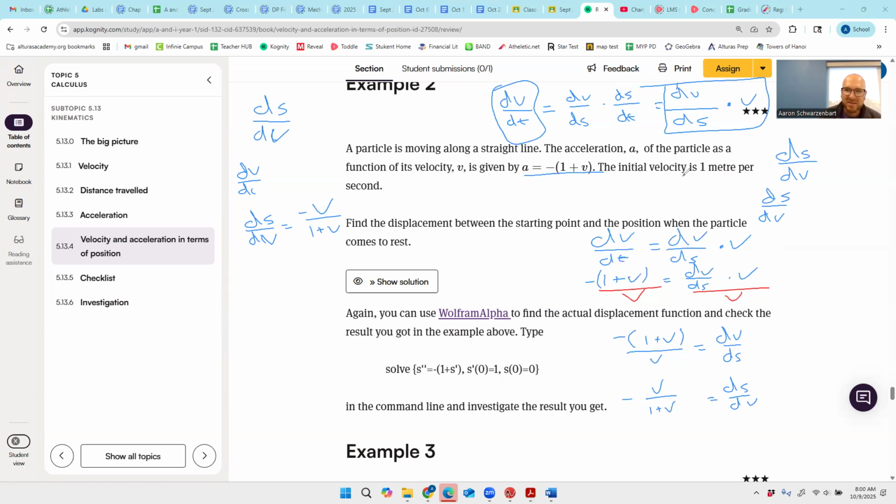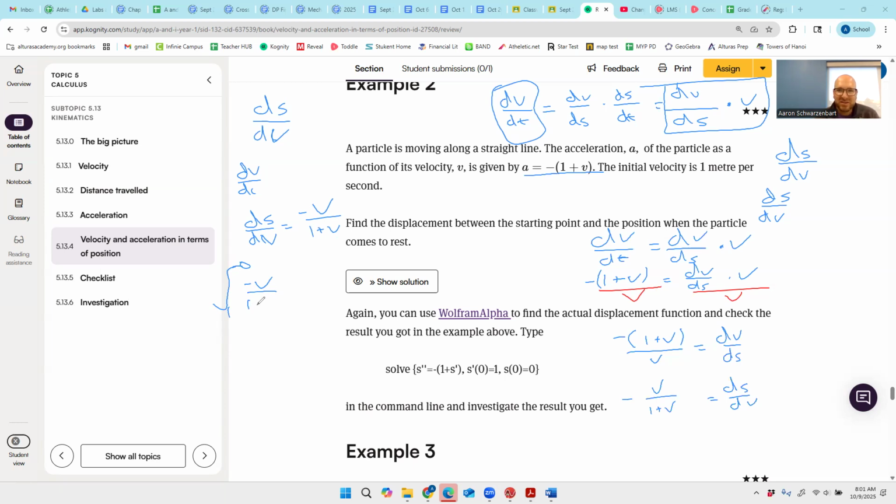It says the initial velocity is 1 meter per second. I'm taking the integral from 1 to 0 of this.